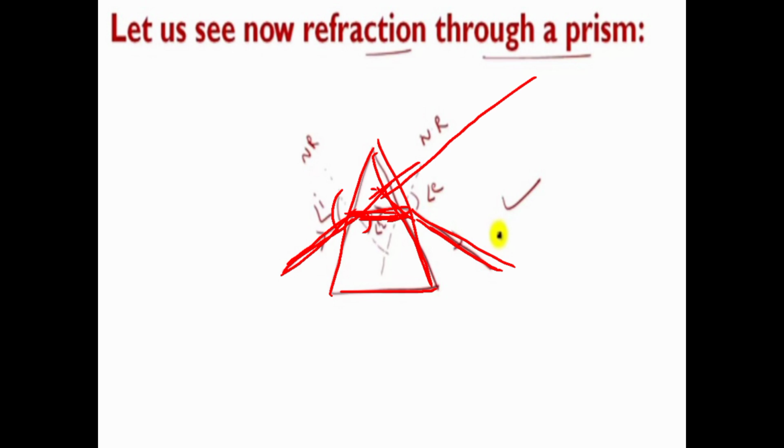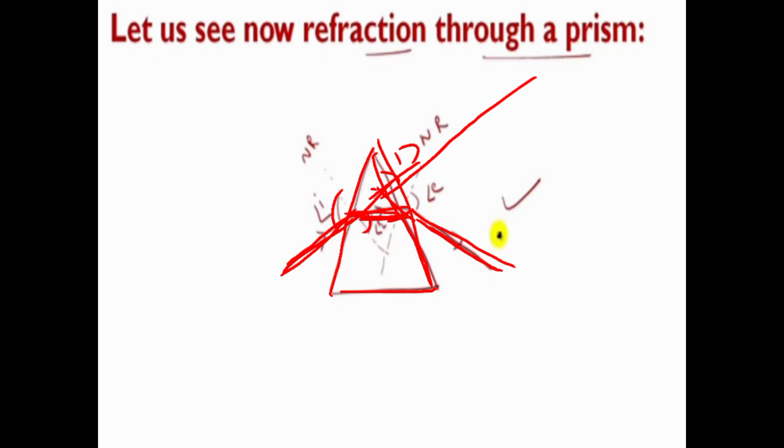So this is the angle of deviation. I hope that I am clear to you. In case angle D is the angle of deviation, this is the angle of deviation.